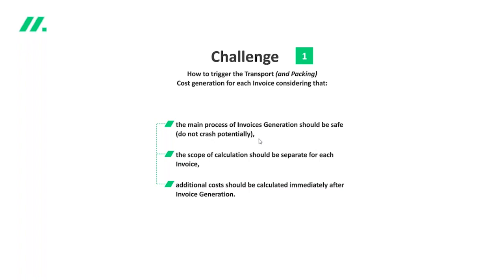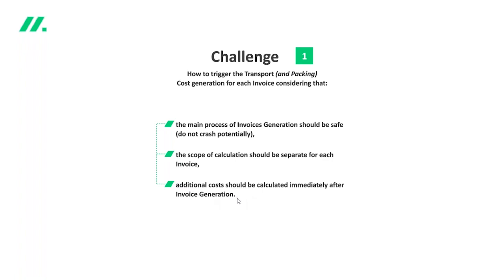The main process of the invoice generation should be safe and not crash. At the same time, the scope of the calculation should be separate for each invoice. And additional cost should be calculated immediately after the shipment invoice generation.